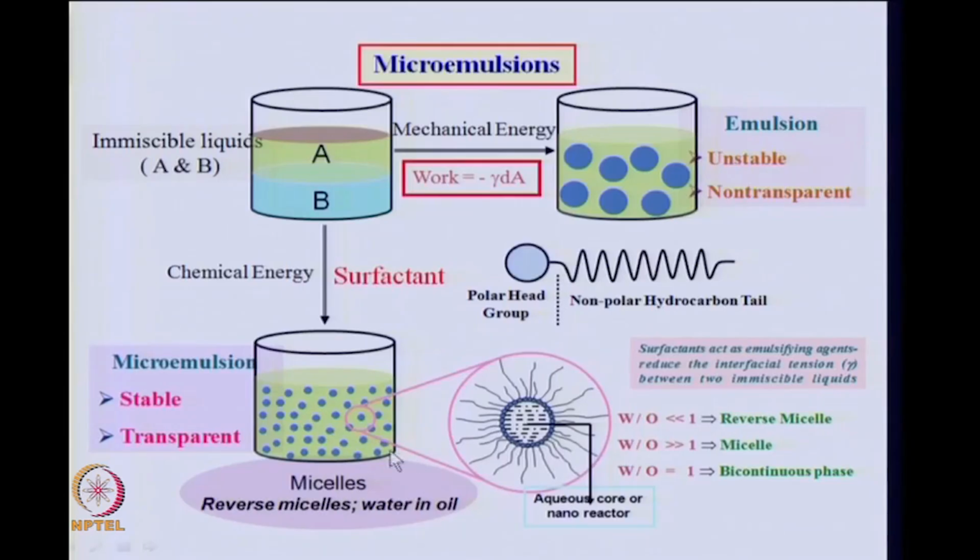So, such a spherical aggregate of surfactants in this microemulsion is typically called a reverse micelle. So, a reverse micelle is a microemulsion where you have water and oil, the water content is much less than the oil content and the water is trapped within the spheres. So, then you get reverse micelles.